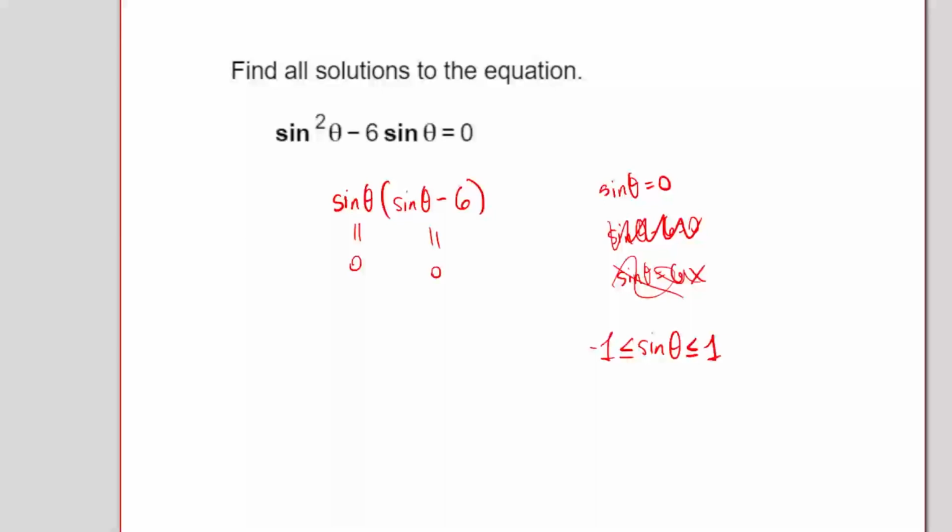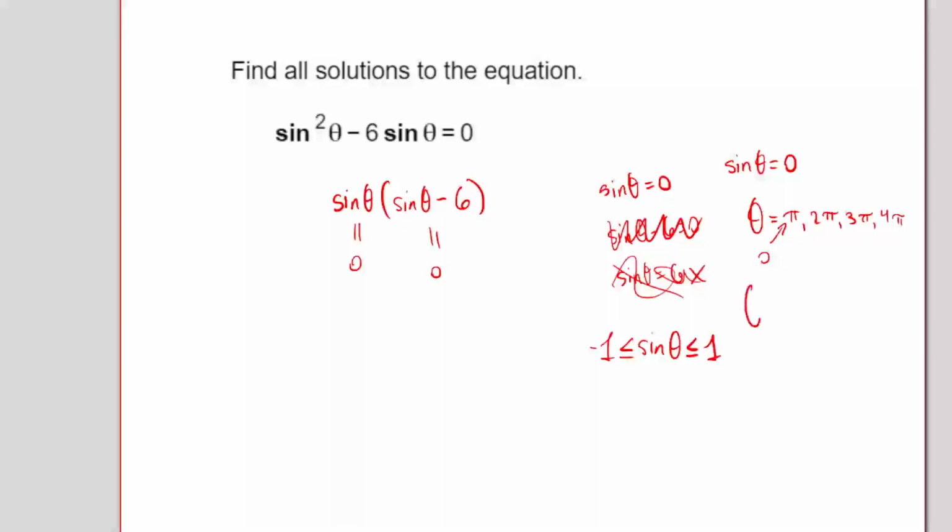Now recall, when is sine theta equal to 0? Well, that's whenever theta is a multiple of pi. So pi, 2 pi, 3 pi, 4 pi, and also 0 is in there, because 0 times pi is a multiple of pi. But we can simplify this.